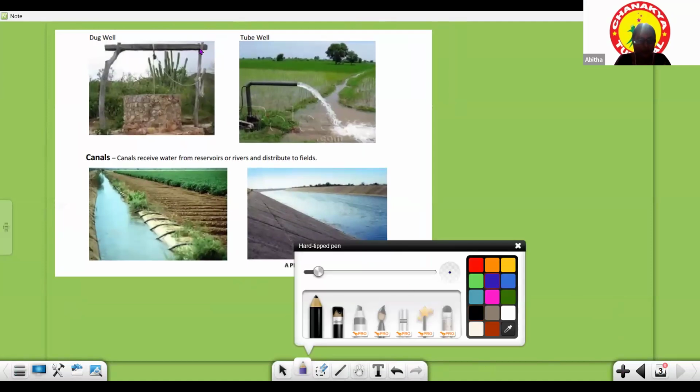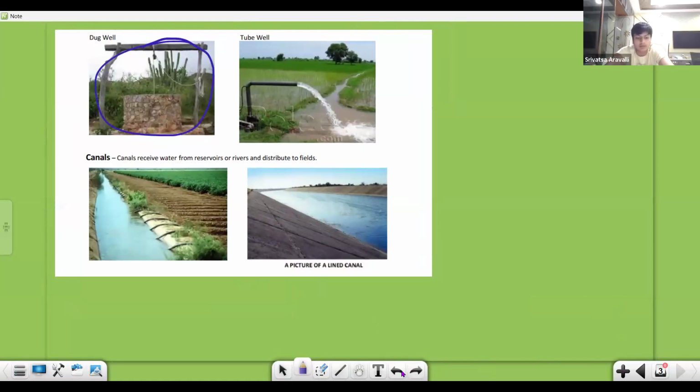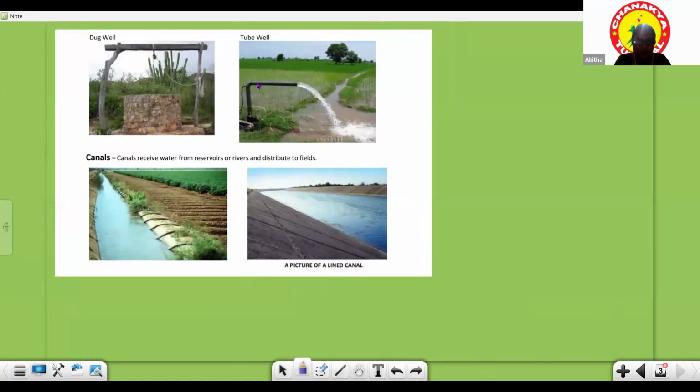Which way could you have seen this one? This is dug well. If a tube is used in extracting that water, it is called tube well.